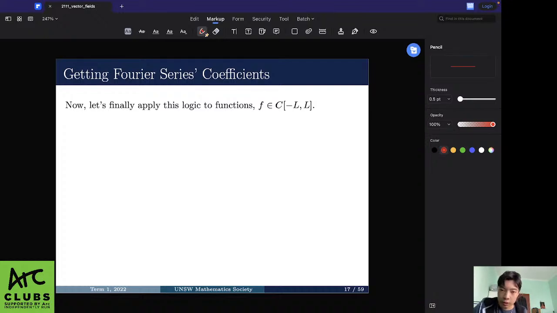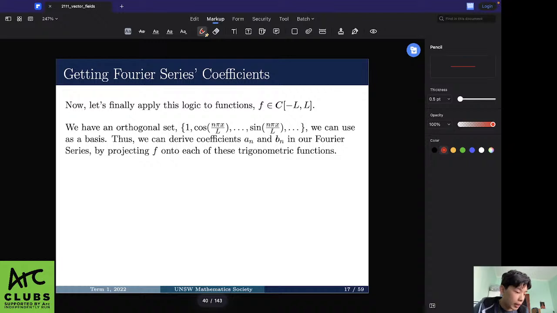Well, first, what we notice is that we have an orthogonal set here. Since all of these are orthogonal, you can check this by yourself, by the way. You can take any two vectors, maybe 1 and cos. No, first maybe I'll explain what this set means.